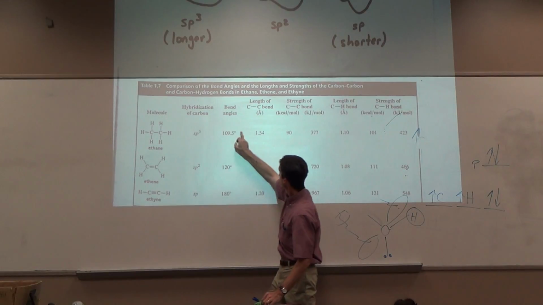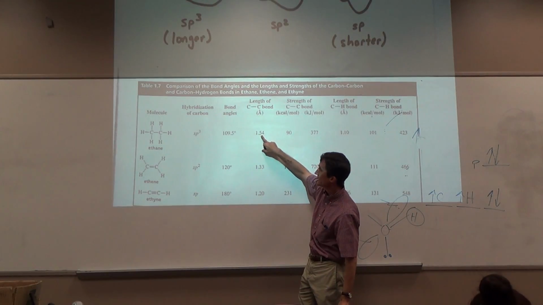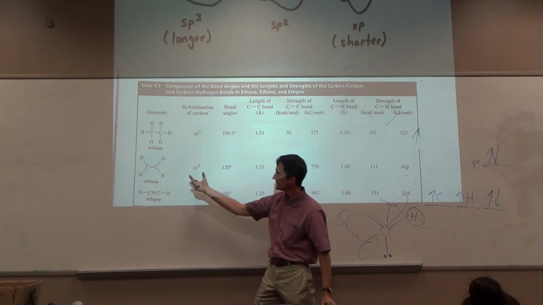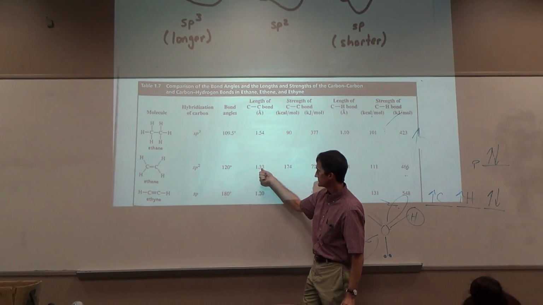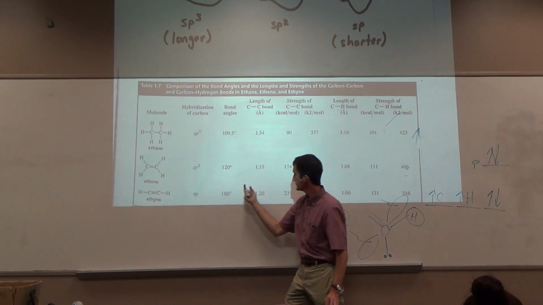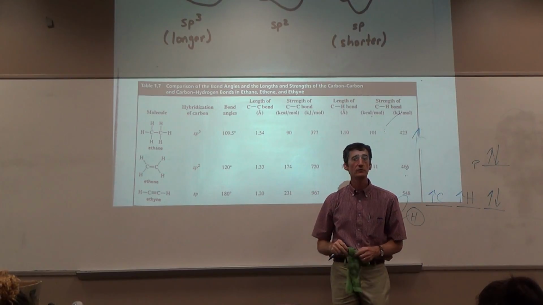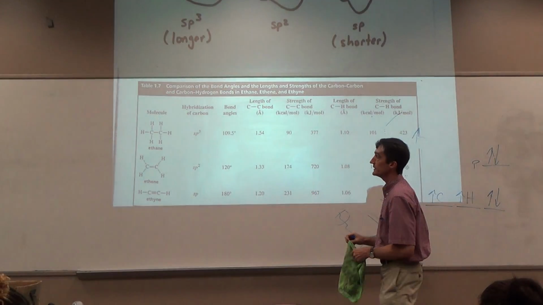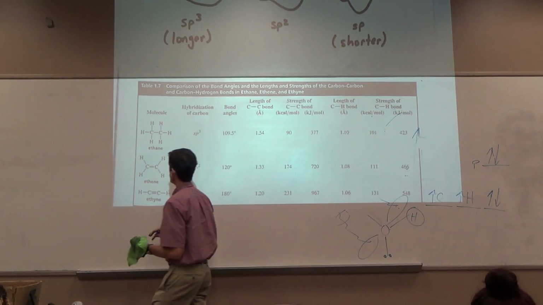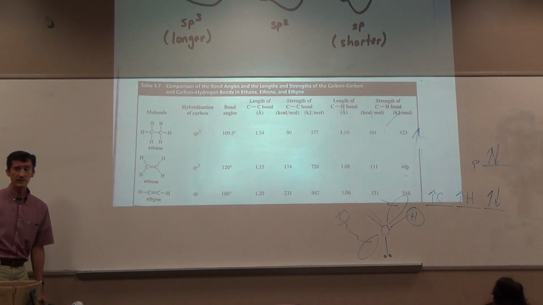These 2 carbons are further apart. Okay? The bond is longer than the double bond. And then the double bond is longer than the triple bond. That's all based on the types of orbitals that are being used to make the bond. And really the hybrids.